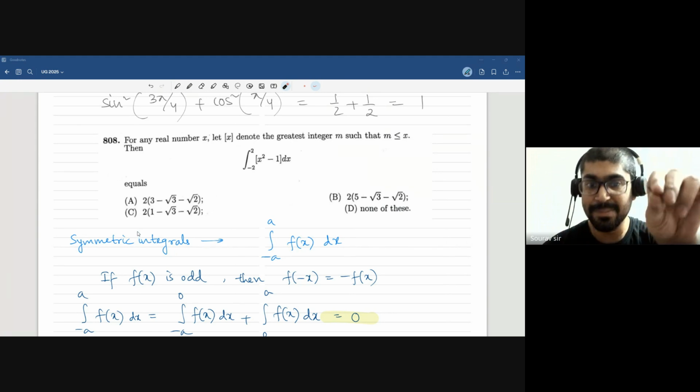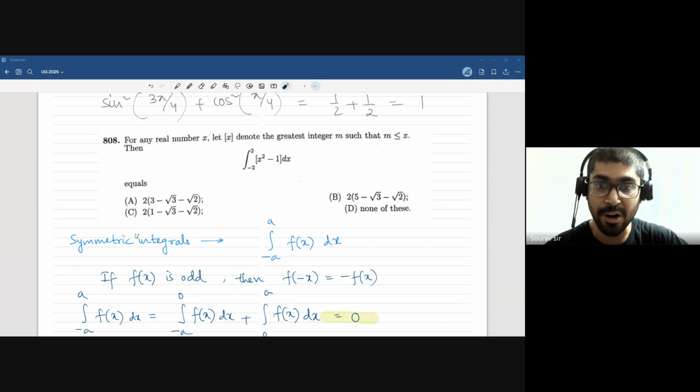And that is precisely why they have given minus 2 to plus 2 and put an even function in there. If it was an odd function, it would have been option D, none of these. It cannot be calculated in that case.